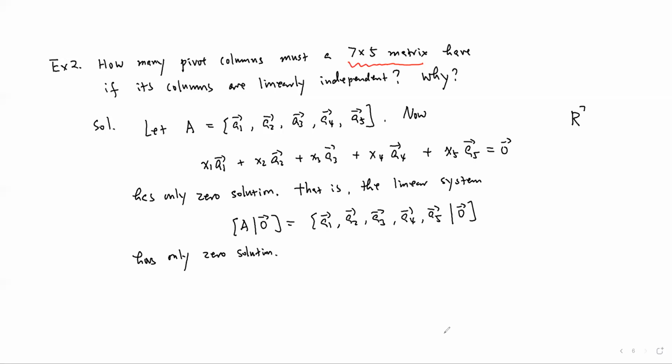When a homogeneous linear system has just the 0 solution, can anyone tell me what that means? This linear system has just the 0 solution. That means, do you agree with me, all the variables are basic variables, no free variable.